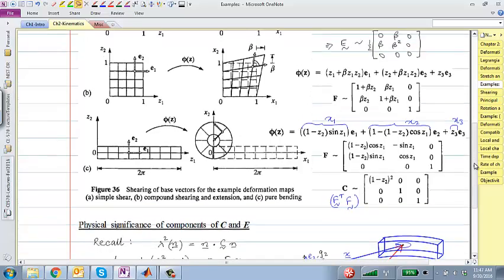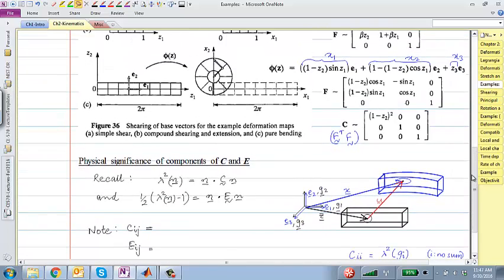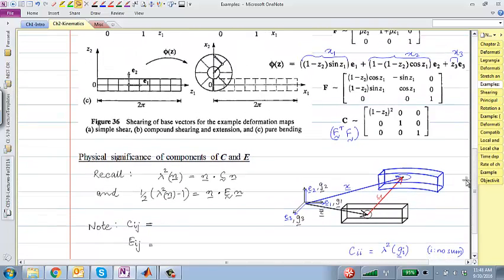Compression fibers get shortened and tension fibers get elongated. All right, so these are ways in which you would interpret deformation maps and deformation gradients, and the deformation tensor C that we've talked about, and the same sort of interpretation also extends to the strain tensor E, which is just C minus identity.